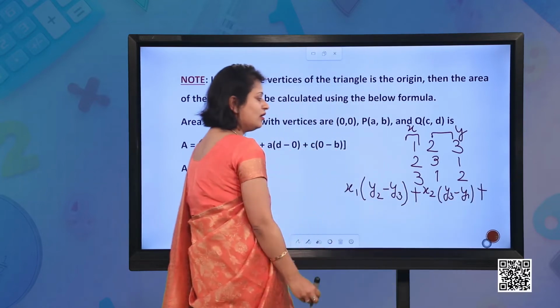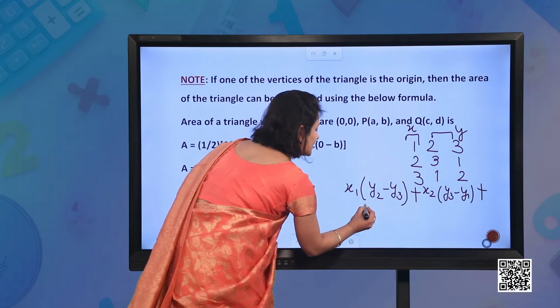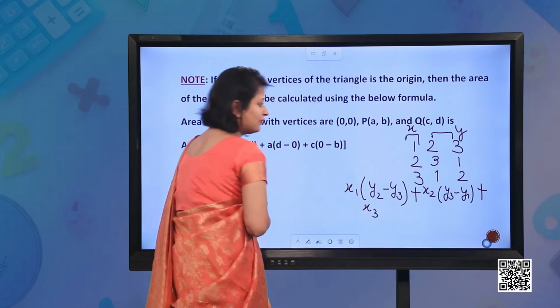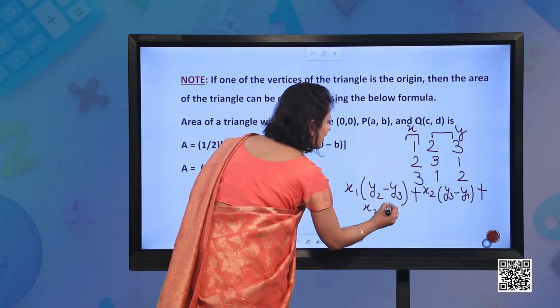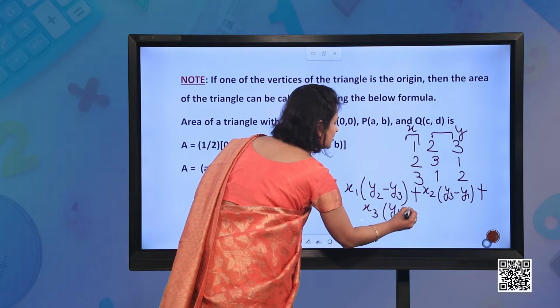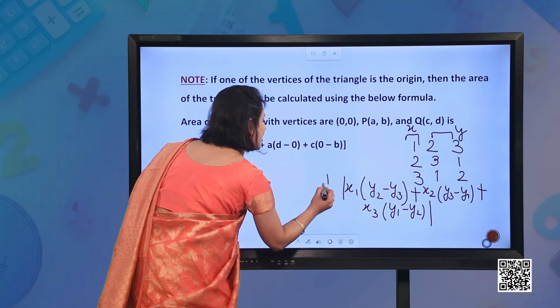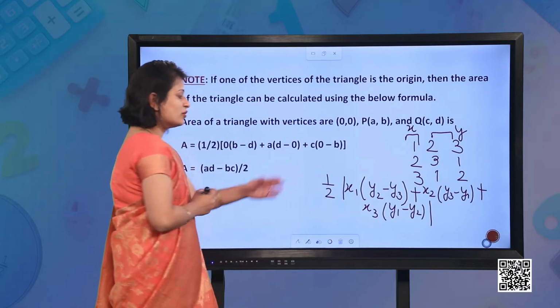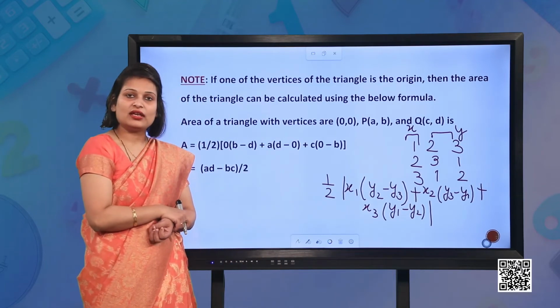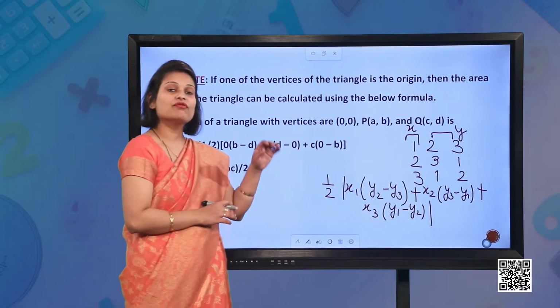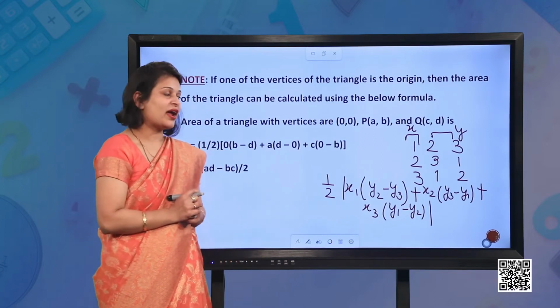Addition sign in between. When you take x as 3, you have to take the y coordinates as y1 minus y2. Simply put the absolute sign and half before it. So this is the formula for the area of a triangle when you know the vertices of the triangle.